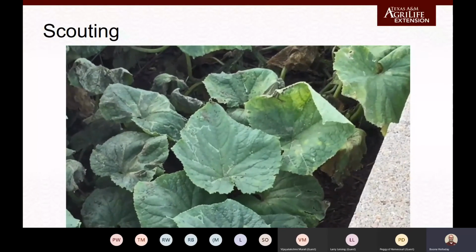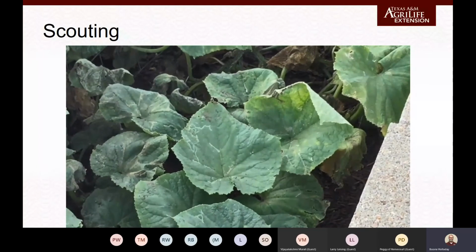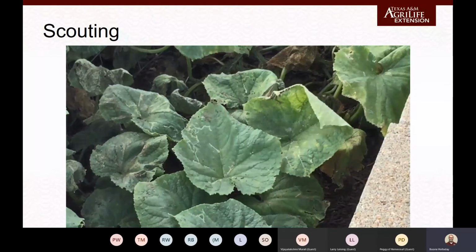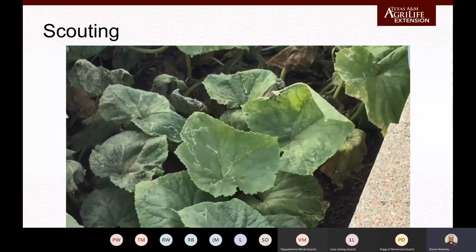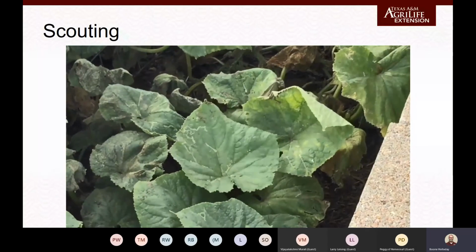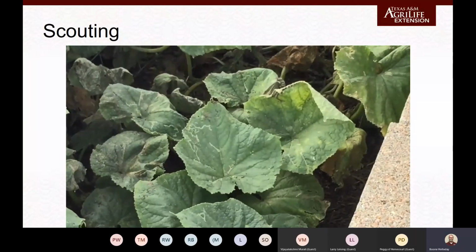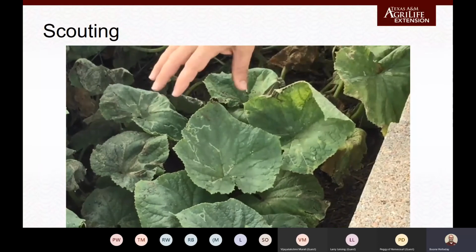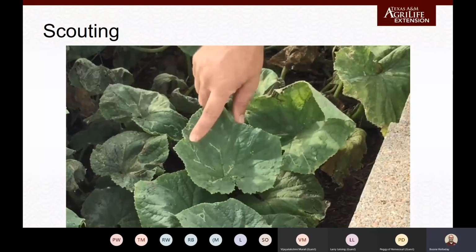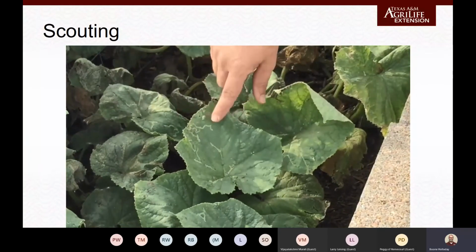Okay, right there. On these plants, again, scouting is very important, because at a distance, when I'm looking at these plants, they look fine. But as I get up close, I'm starting to notice some issues that need to be addressed pretty quickly. The first one that's most clear is similar to the melons over there.